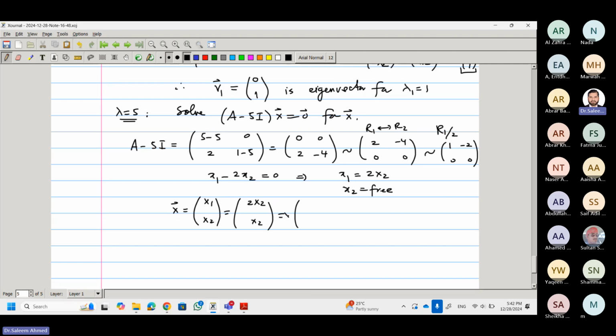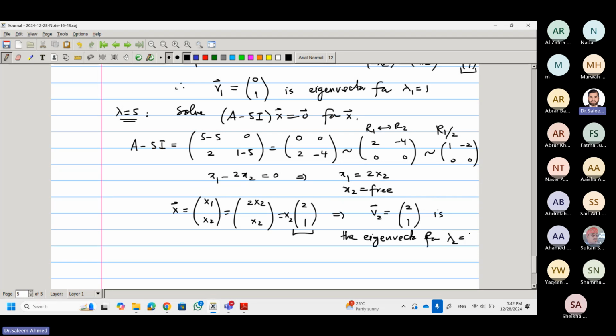I will take x2 common outside, so I will get 2, 1. I will only pick this one. Hence my second eigenvector v2 is 2, 1, the eigenvector for the second eigenvalue, which is 5.